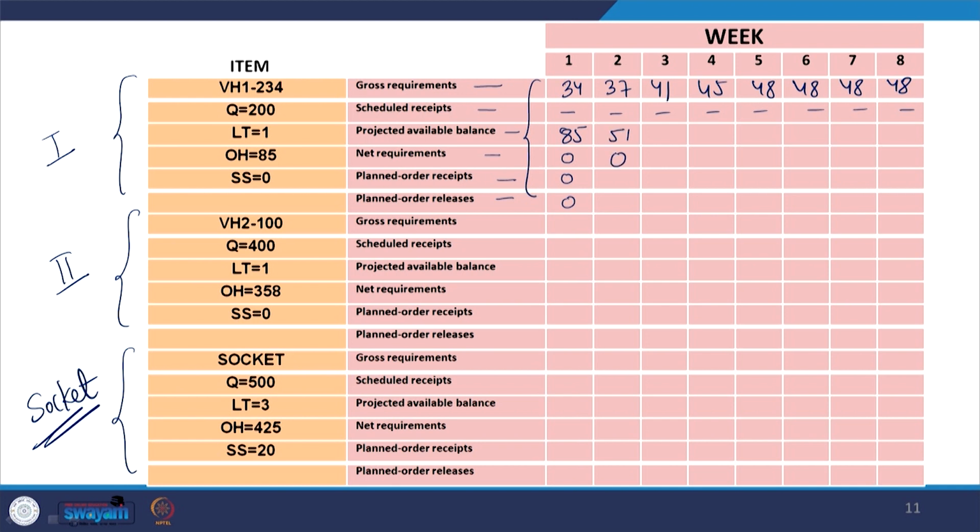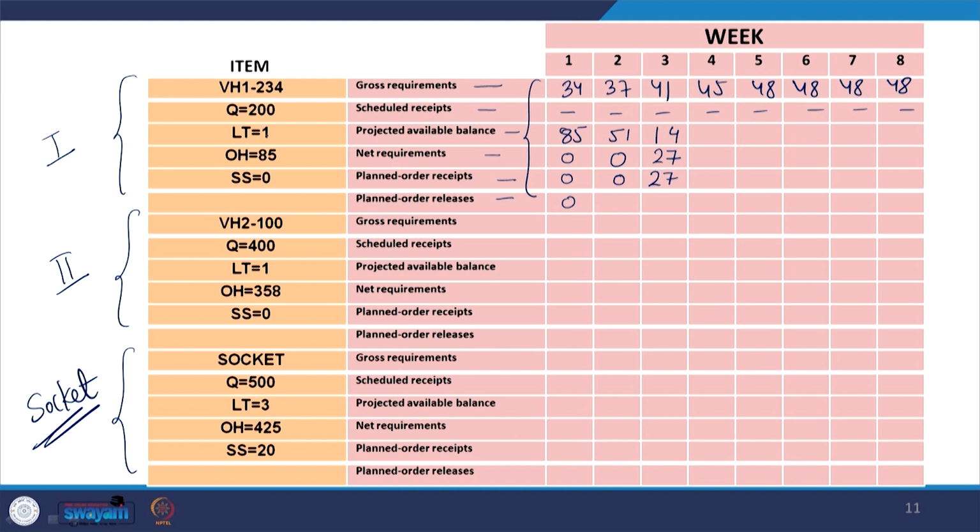Again there will not be any requirement and there will not be any receipts. Now, from 51 you will consume 37, leaving 14. Now, you see 41 is the requirement here, and 14 is already available to you. So, you require 27; net requirement is 27, and you want to have 27 available here.